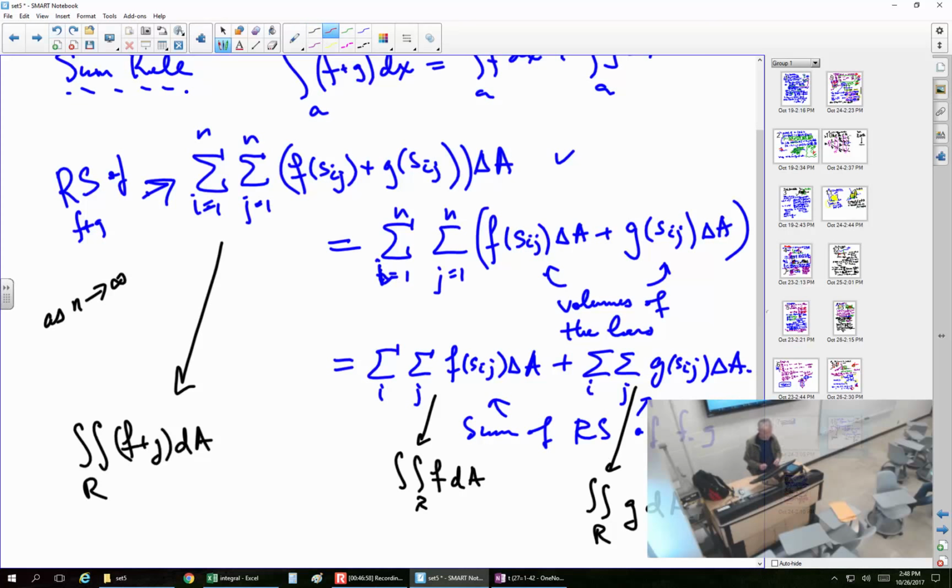Okay, so according to the definition, what's in black is simply the definition of Riemann sums, and these are their limits. We assume that the functions are integrable. So, okay, these are the three limits. Now, what's the last step? What's the relation between the three? Well, the same relation as this.